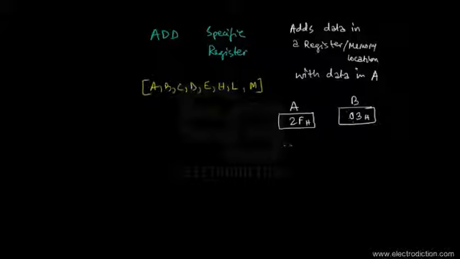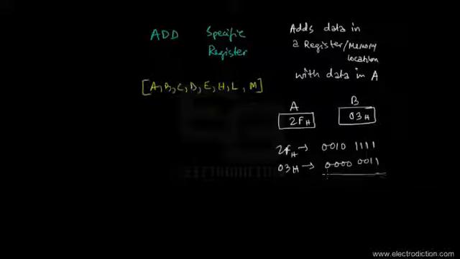Now if we go forward and add them, then for 2FH we have a binary code of 0010 and then all ones, and for 03H we have a binary code of all zeros and 0011. If we add them up, we get a result of 32H.